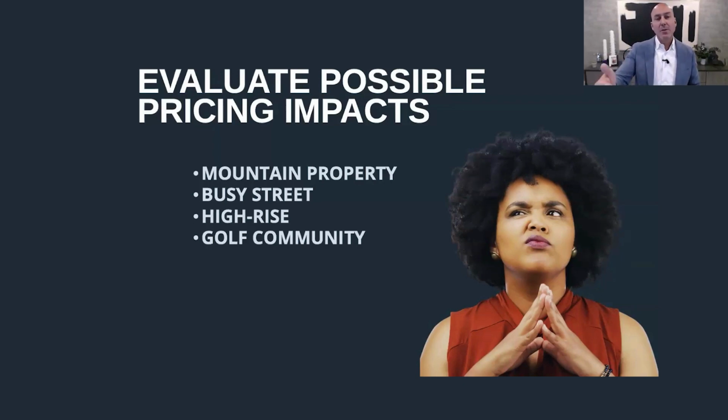The western facing unit sold for $10 million. The eastern facing unit sold for $5 million. That's a $5 million difference in price because of view. So we're going to try to make sure that we take all of these things into factor as best we can to give an idea of what a buyer would pay for this property in today's market.